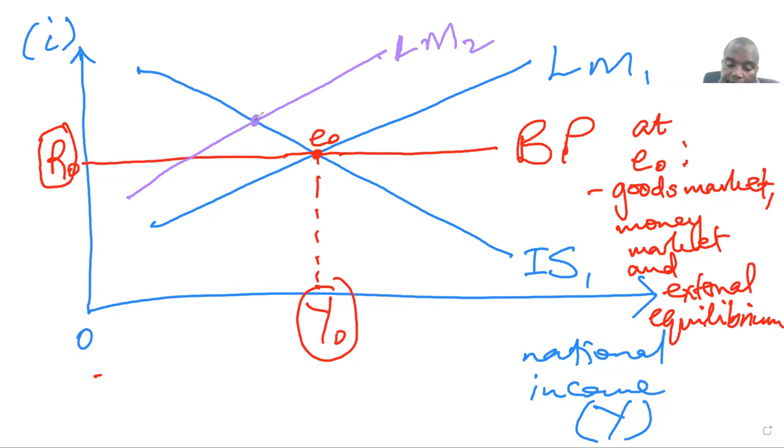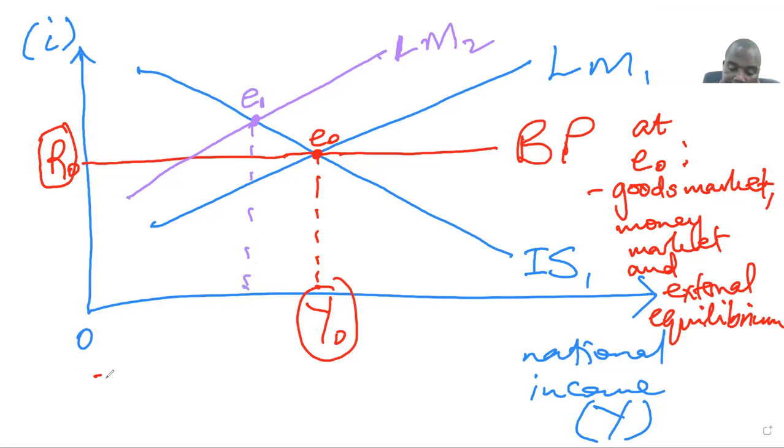Now, if the IS curve remains fixed and the balance of payments curve remains fixed, at the intersection of LM2 and IS1, we have an internal equilibrium, which I'm going to call E1.